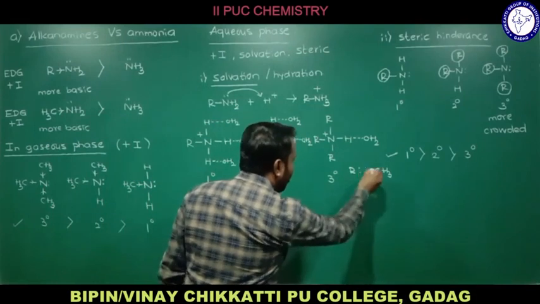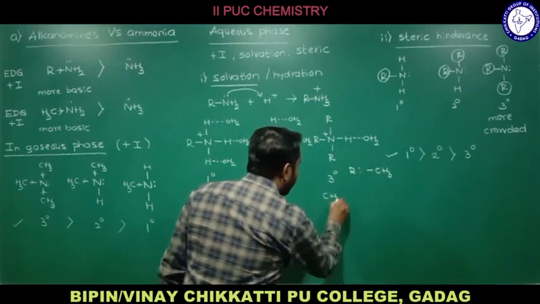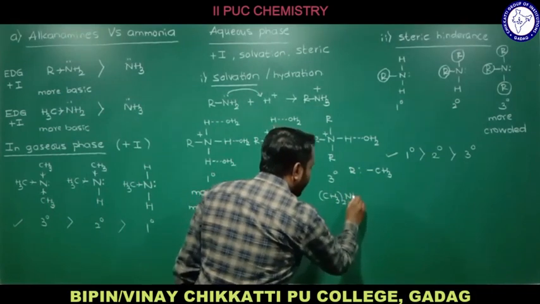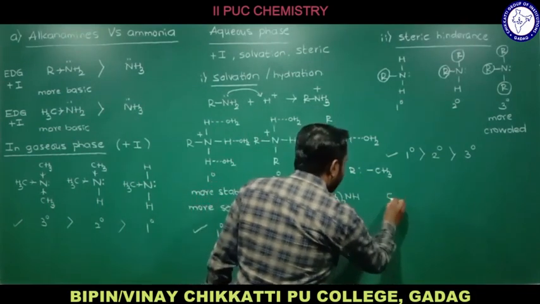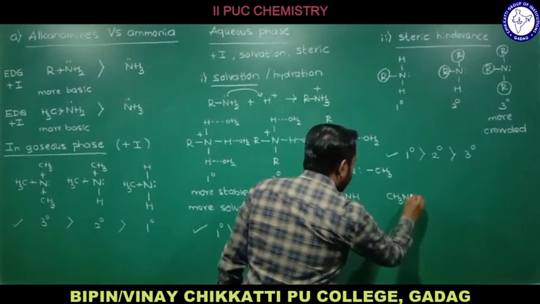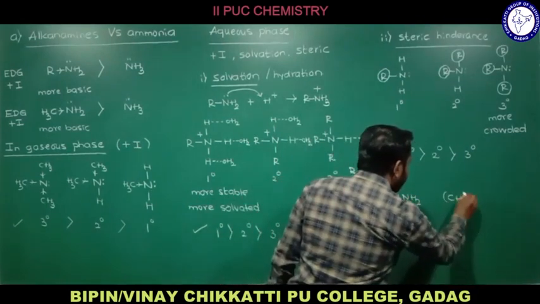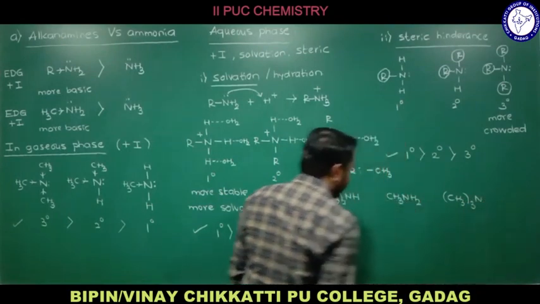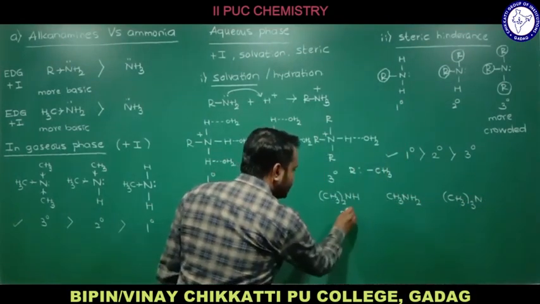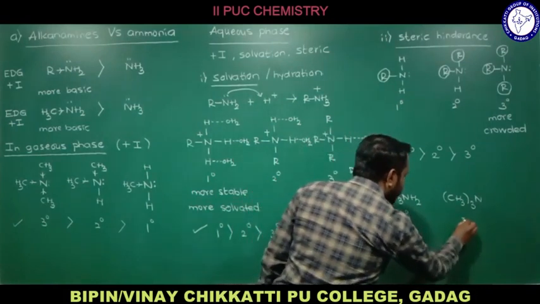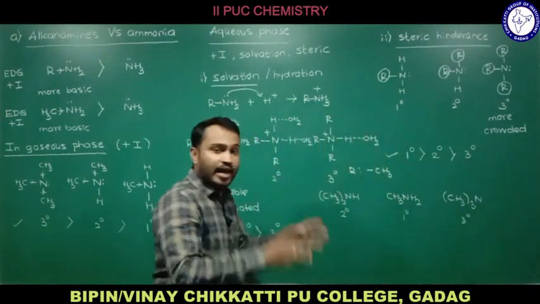If R is considered to be methyl, I am going to write here (CH3)2NH, and now CH3NH2, and here I consider (CH3)3N. As we know, this is a secondary amine, this is a primary amine, and this is a tertiary amine.